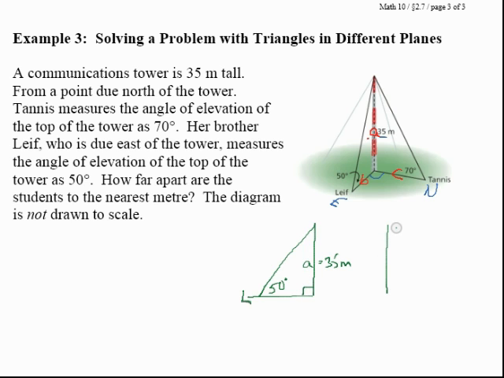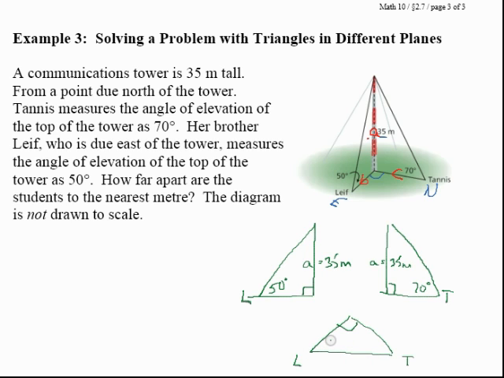And then we have this triangle here, where this is Tanis out here. And this is 70 degrees. This is 90 degrees. This is A equals 35 meters, right? Can you see that? And then we have one more triangle down here at the bottom, where this is 90 degrees. This is where Leif is. This is where Tanis is. And we need to find that side.